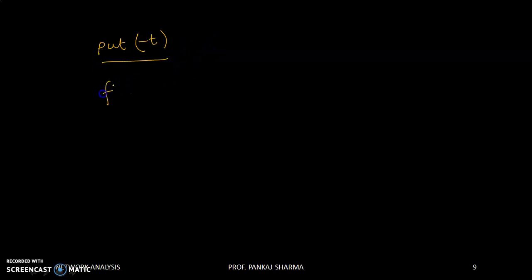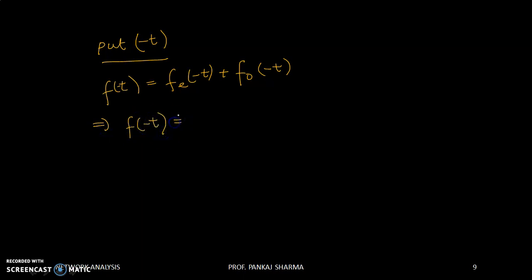We will have f of minus t is equal to fe of minus t plus fo of minus t. This implies f of minus t is equal to fe(t) minus fo(t).